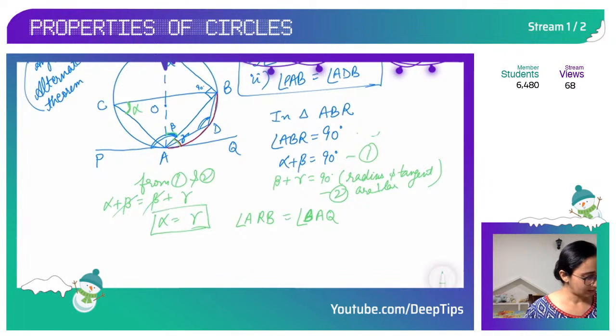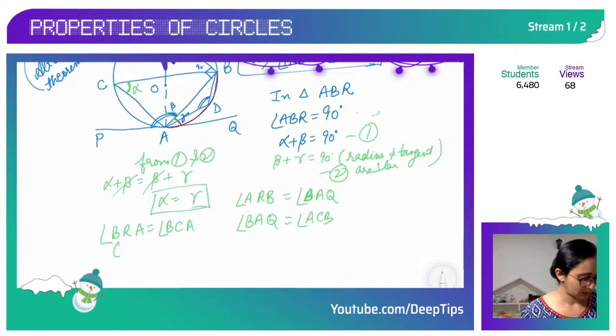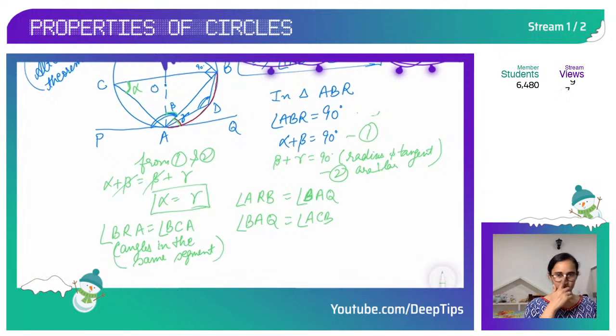So angle BAQ is equal to angle ACB, because here my angle BRA is equal to BCA, that is because of angles in the same segment. So my first pair of angles is proved. Yes, my first pair is proved, BAQ equals ACB, right?